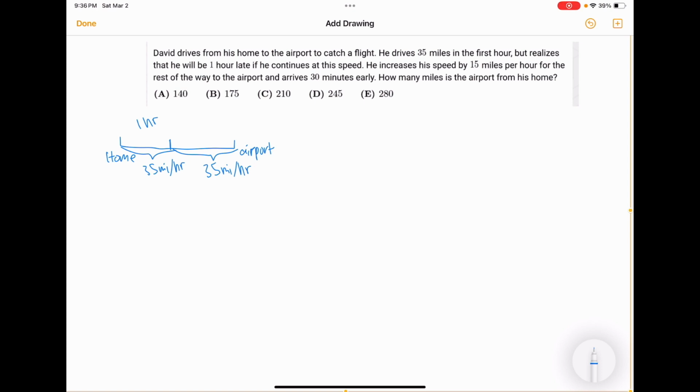And then let's draw out the little diagram for the next bit of the question. So, home. In both of these scenarios, he starts off by driving 35 miles in the first hour.